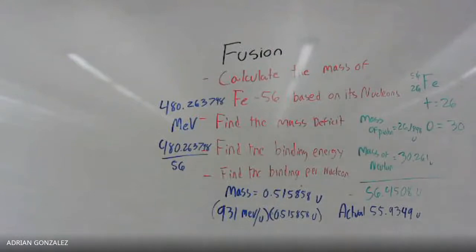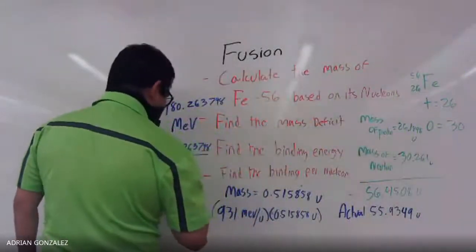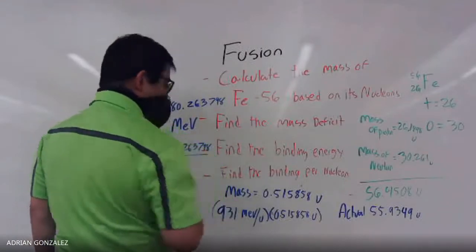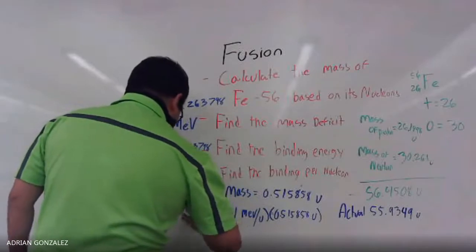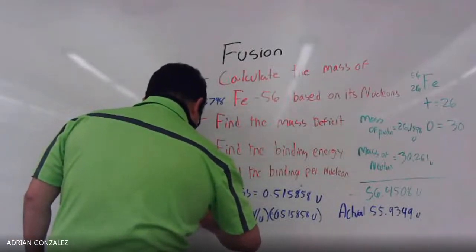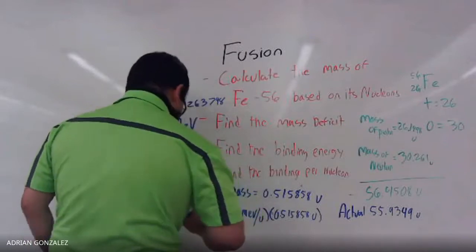What do you get? 8.5761. Not the whole thing. So 8.5 what? 8.5761. So we'll say 8.58, right? Yes? Mega electron volts per nucleon. Does that make sense?